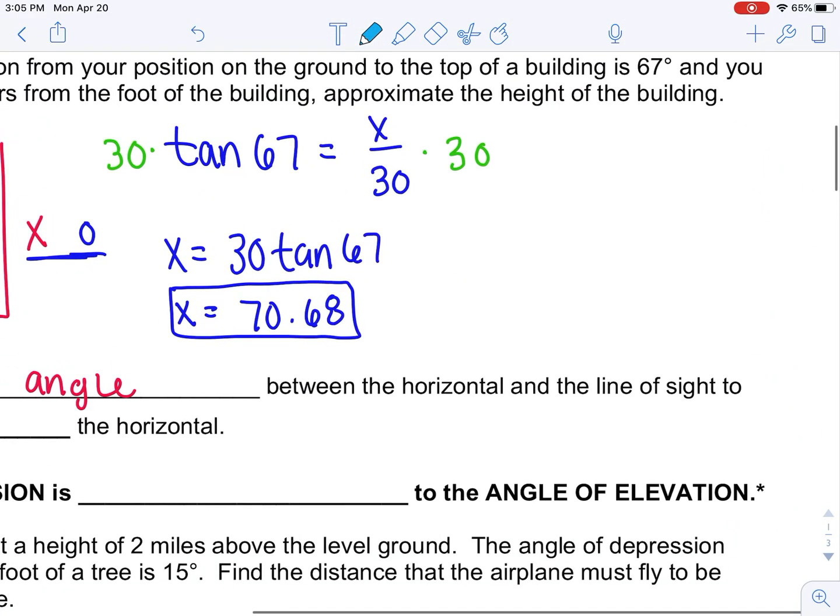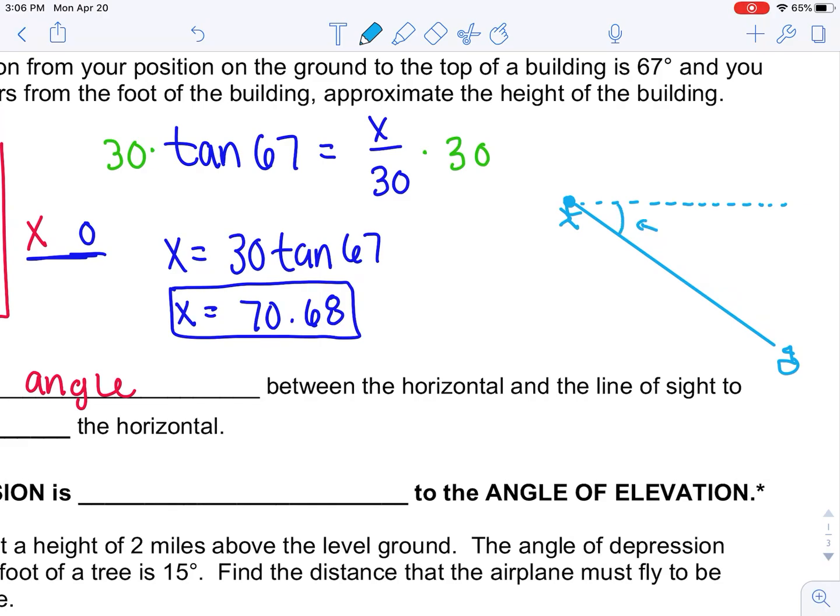So, for example, if you are up here, so if this is you, and the horizontal line would be this way, but you're looking down at something, let's say a boat, that's way down here. This would be your angle of depression, because it's going down, from the horizontal down.